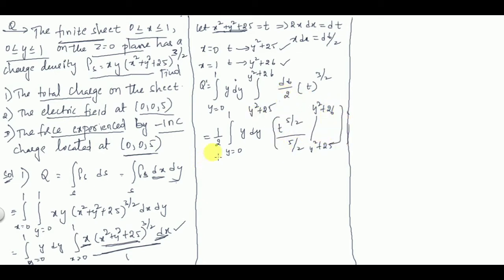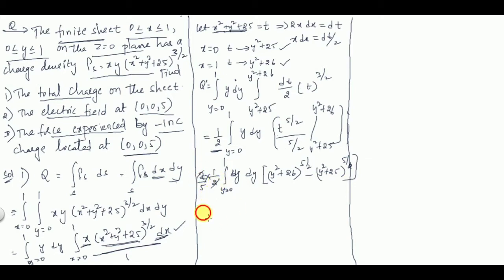Okay, so 1 by 2 I have written outside. The integral of t power 3 by 2 dt is t power 5 by 2 by 5 by 2, and I have substituted the limits. So it will be 1 by 2 integral y equals 0 to 1 y dy. The 5 by 2 if you write outside becomes 2 by 5, so 2 by 5 into 1 by 2 y dy into (y square plus 26) whole to the power of 5 by 2 minus (y square plus 25) whole to the power of 5 by 2.